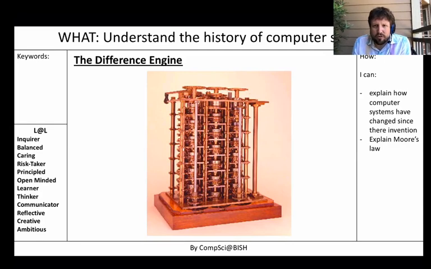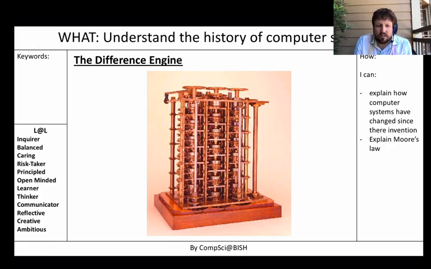On the slide in front of you is the difference engine. You can go and see this if you ever go to London. This is at the National Science Museum in London, and this is basically a mechanical computer. It was created by Charles Babbage in the 19th century, and it was the first computer.